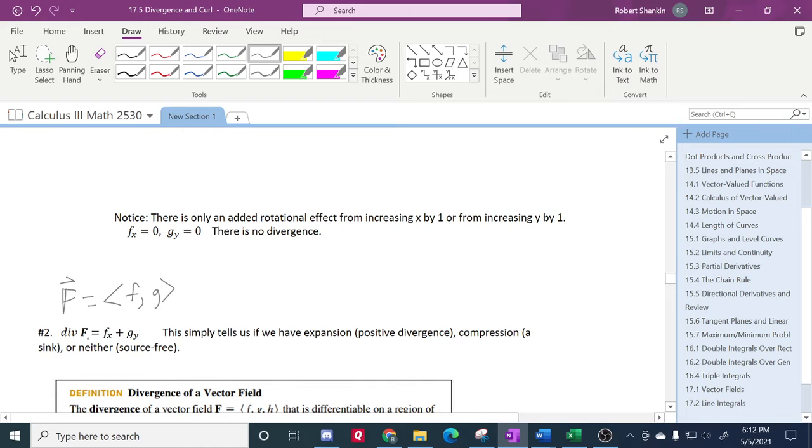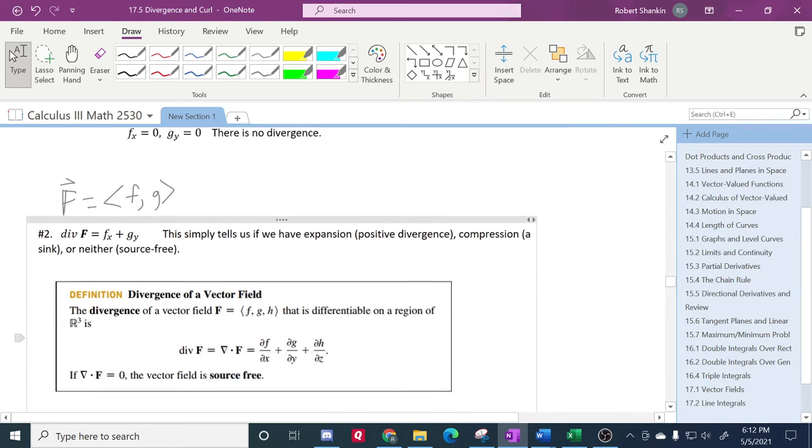And that gives you what we're going to call the divergence of f. This simply tells us if we have expansion, which is positive divergence, compression, or neither, and positive divergence is if you get a positive number out of this.